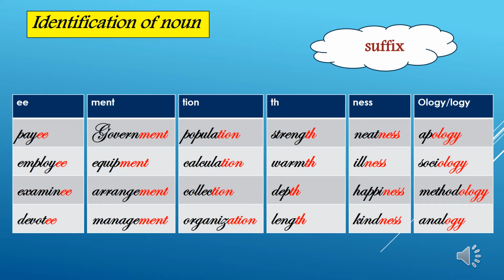Ness also is an identification mark of noun, like neatness, illness, happiness, kindness. Ology, like apology, sociology, methodology, analogy. All these are nouns.